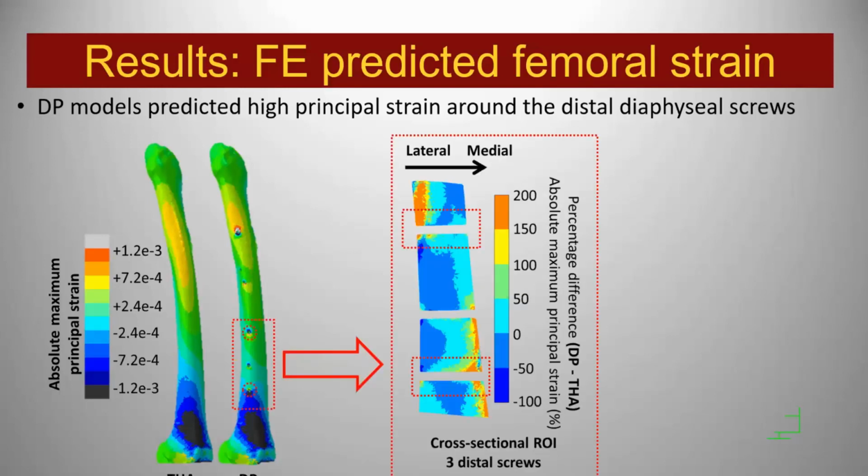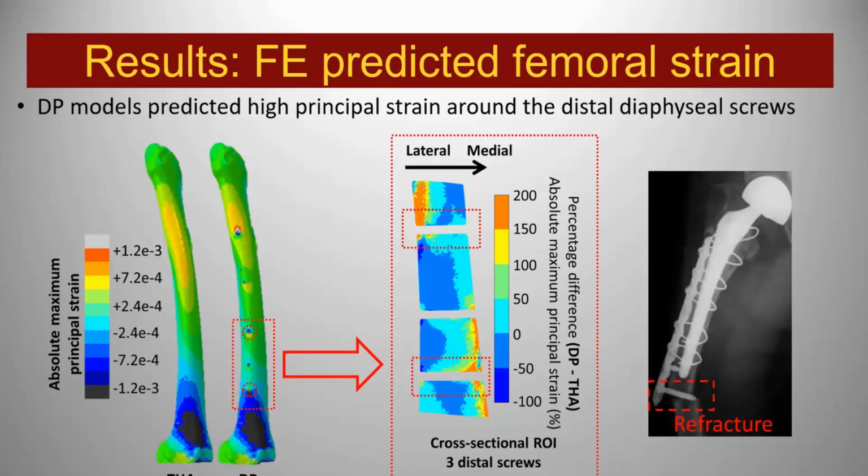If we take a closer look at the cross-section of the screw segment, we can actually calculate the percentage change in terms of the principal strains. And the finding of this FE model is correlated with the clinically reported refracture site after the implantation of the diaphyseal plate.